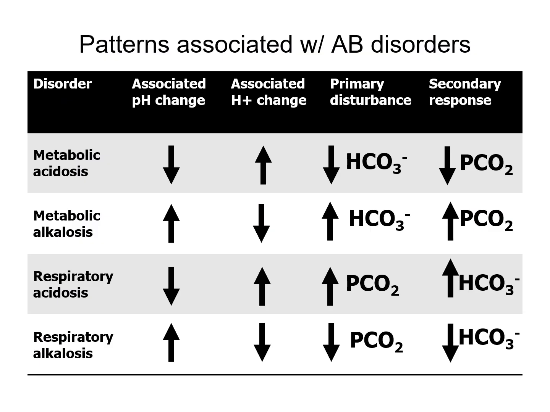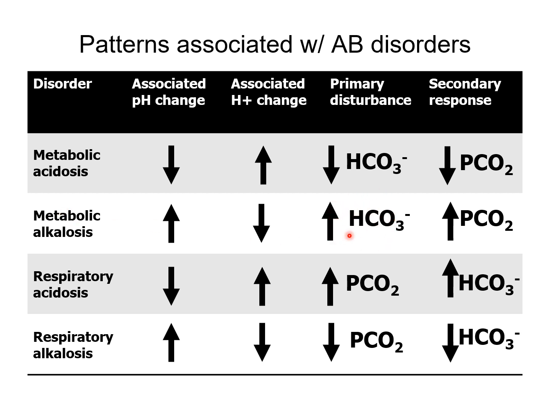So this is a summary of the patterns associated with simple acid-base disorders. In metabolic acidosis, the primary disturbance is on the kidney, particularly the reduction of the base, the reduction in the bicarbonate. The lungs would tend to compensate by decreasing the PCO2. For metabolic alkalosis, the primary disturbance is on the kidney.